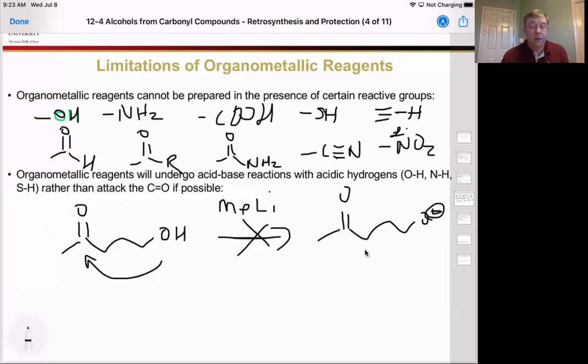Okay, so the problem with that is that sometimes we do want to react the carbonyl in the presence of another group. So how do we do that? Okay, we do that by using what we call protecting groups.